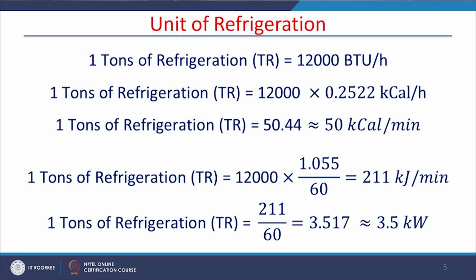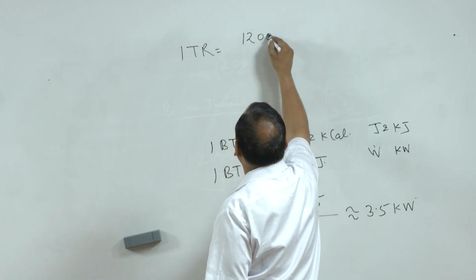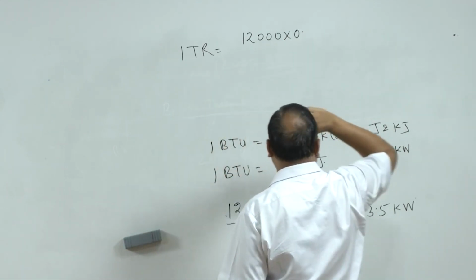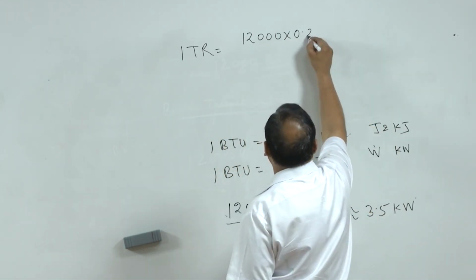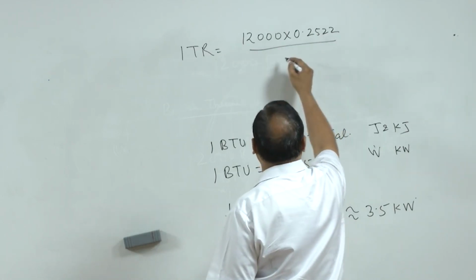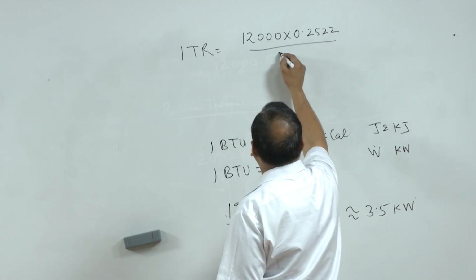Nowadays we do not use the MKS system, but still if you want to have an idea about it, 1 ton of refrigeration is equal to 12,000 BTU multiplied by 0.2522, that is kilocalorie per hour, divided by 60 minutes.